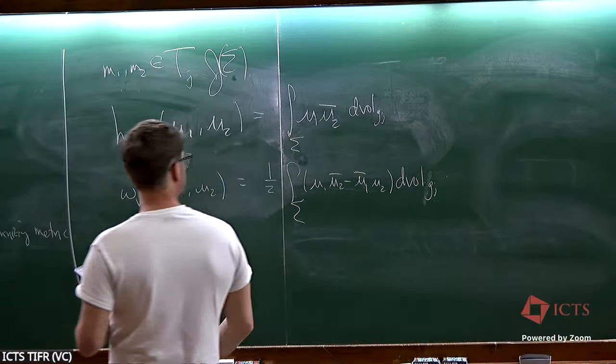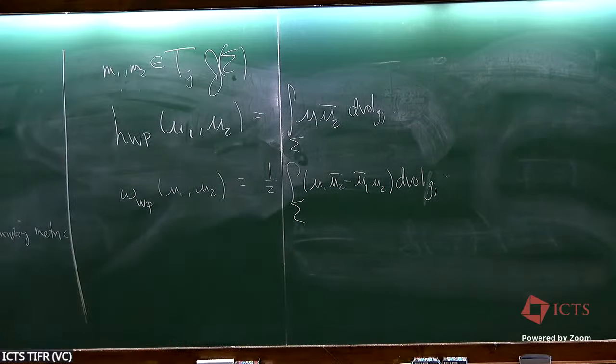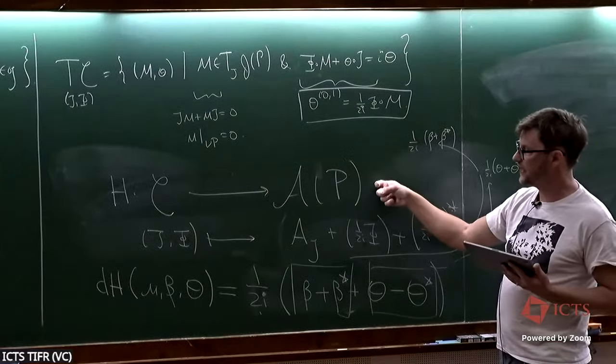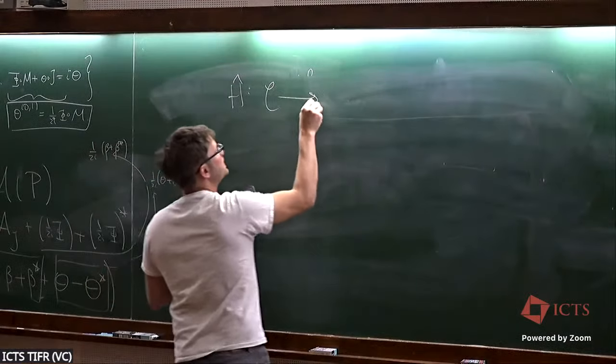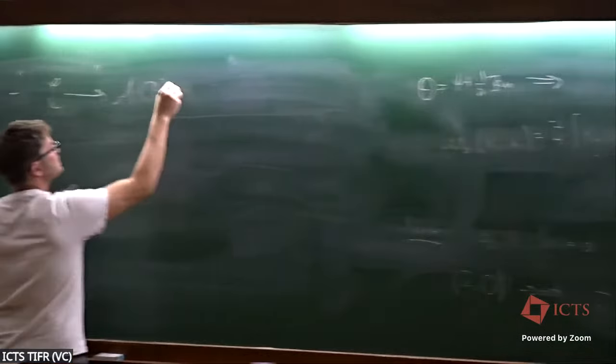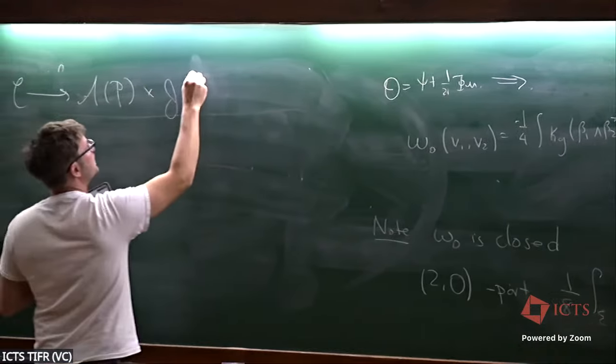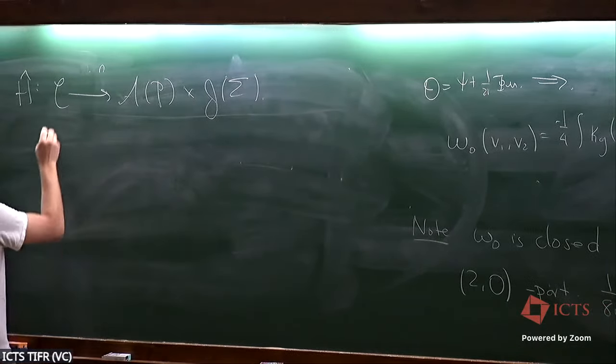Okay, and so now what is HS? Let me just go back here and write it. I'm not going to cheat and just decorate H, but maybe I should. Here I really have a map to connections and complex structures on the surface. So H hat goes from C to connections across complex structures on the surface.